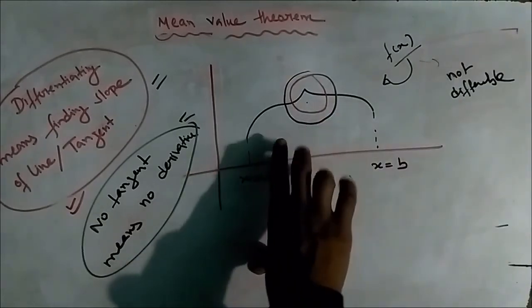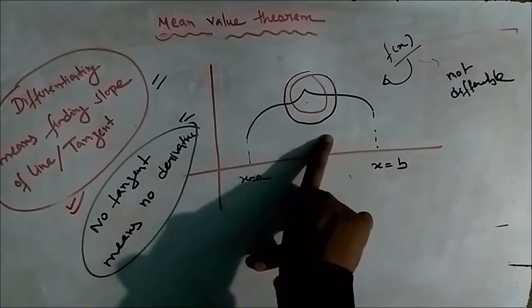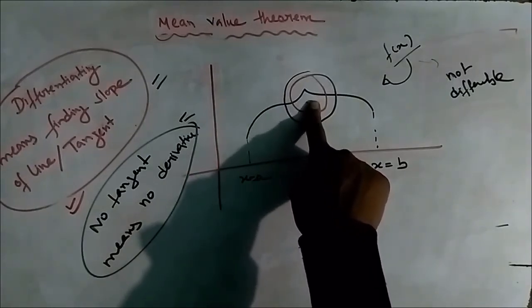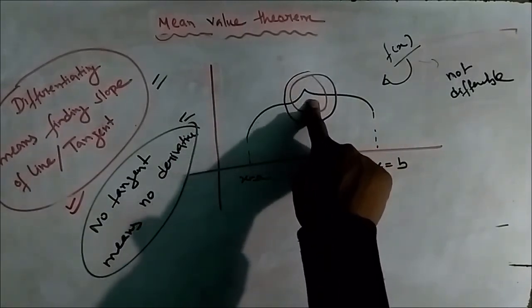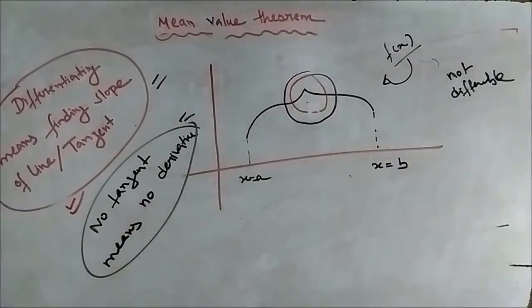So although the function is continuous, it is not differentiable, because there is a sharp point where we cannot draw the tangent. The function is continuous but not differentiable.